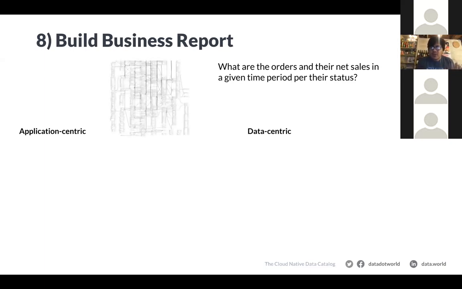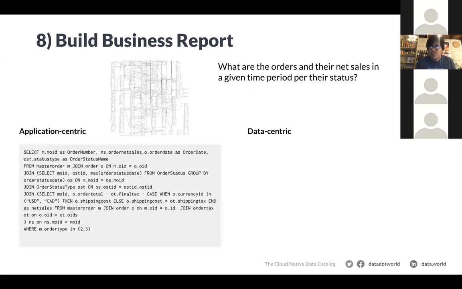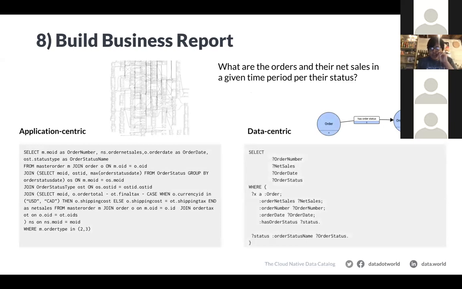If I'm going to run this query over this application-centric view, I'm writing queries in terms of database tables and columns that make no sense. But if I'm doing this in a data-centric approach, my queries make sense because they're connected to the mental model that the end users are thinking about.